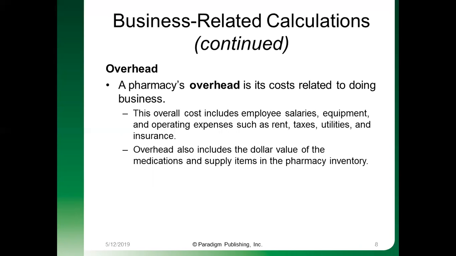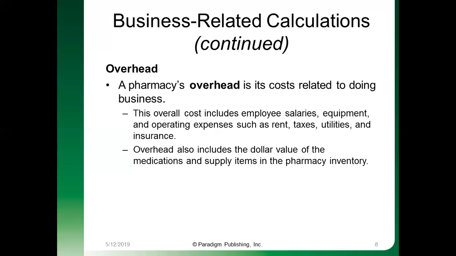A pharmacy's overhead is the cost related to doing business. So any cost that the pharmacy is having to take in order to keep their business is the overhead cost. Examples of overhead costs include employee salaries, equipment, operating expenses such as the rent, the taxes, the utilities, and insurance that they have to pay monthly.